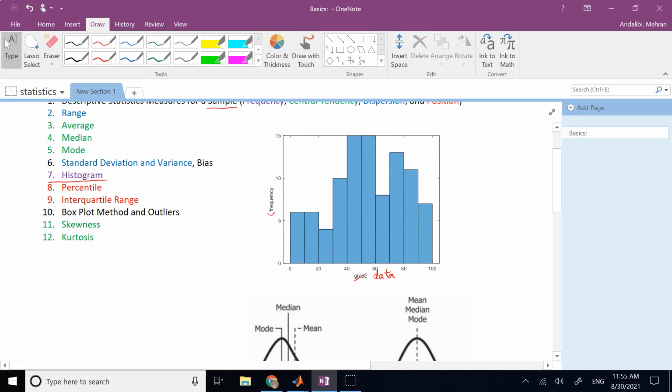By the way, as I said, mostly you do not really show each individual data on this axis. Instead, you put them in specific ranges.